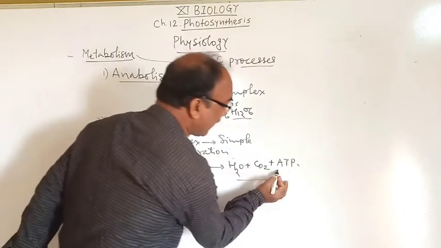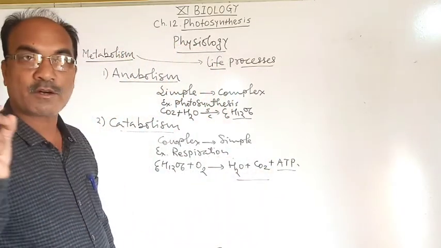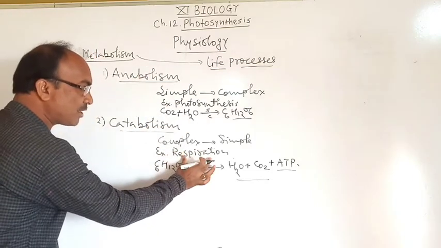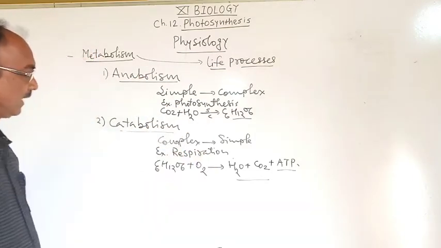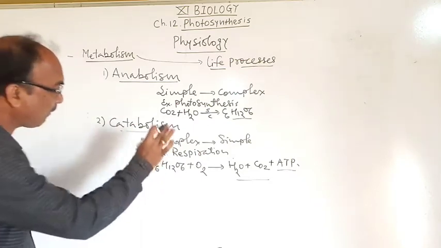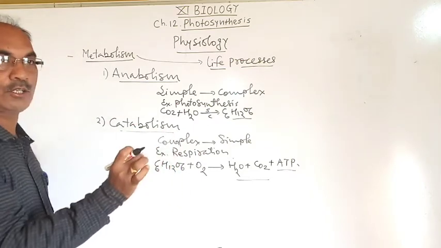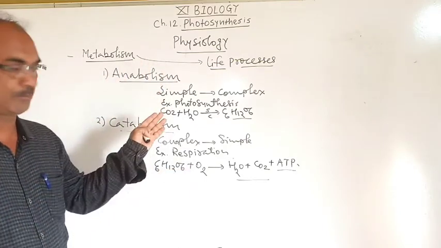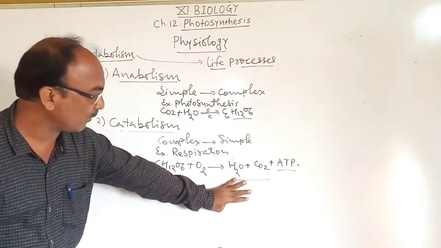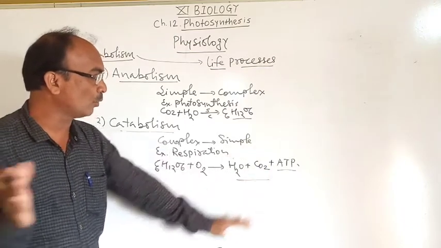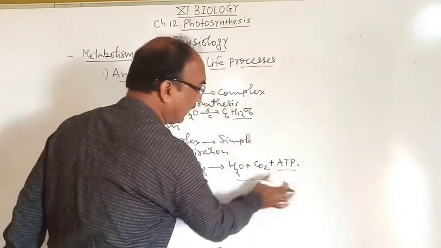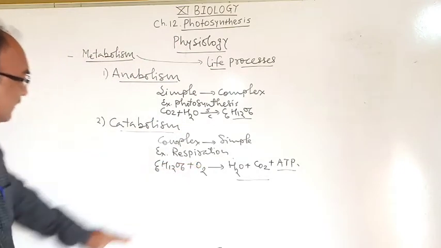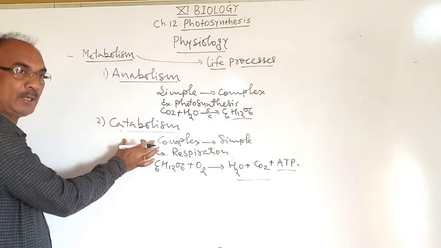ATP is adenosine triphosphate, and that process is called respiration. So respiration is a splitting or breakdown of the glucose molecule. Glucose is completely oxidized to form water and CO2, and it produces ATP, and that whole process is called catabolism.